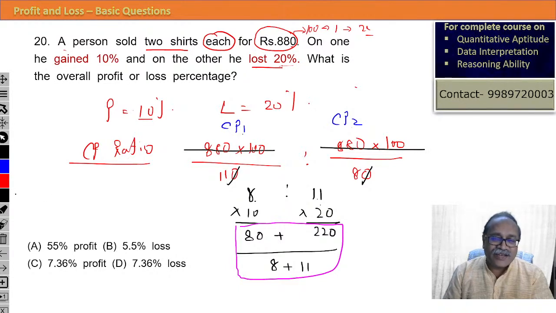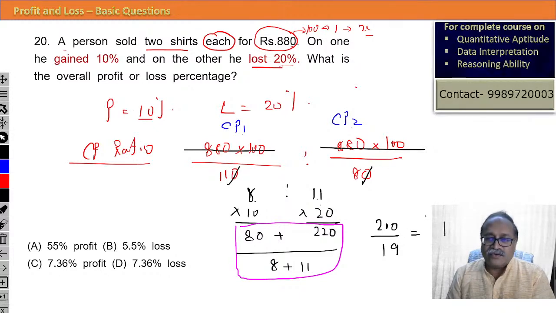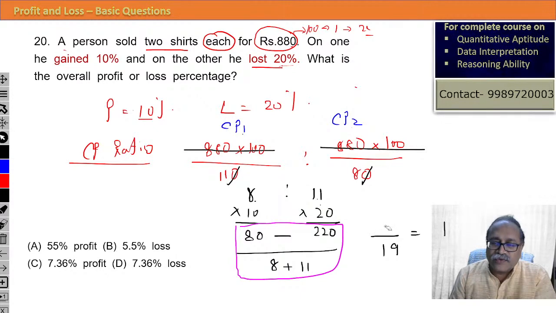So let's write down here. I notice that 200 divided by 19. So I'll get approximate percentage with 19. No, this is minus, not plus. No, 1 minute. This is minus. So you have to go for the minus here because this is loss.